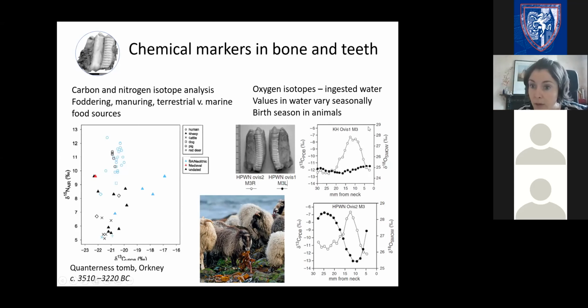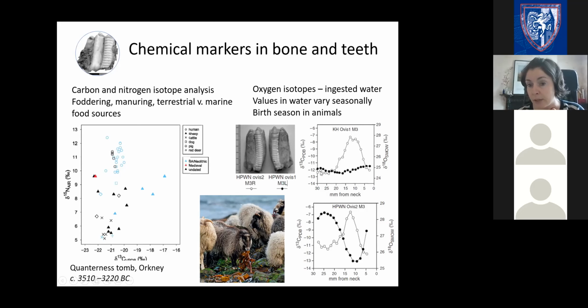So again, I appreciate these plots are a bit of a mind boggle if you're not used to looking at them, but you can see here the black dots are carbon values, and the white dots are oxygen, and they're all sequenced. You see here that the carbon stays pretty much level through the growth axis, which is over time, whereas the oxygen goes up and down.